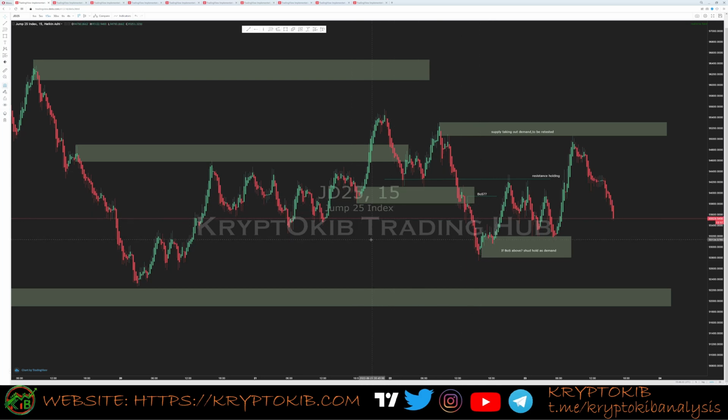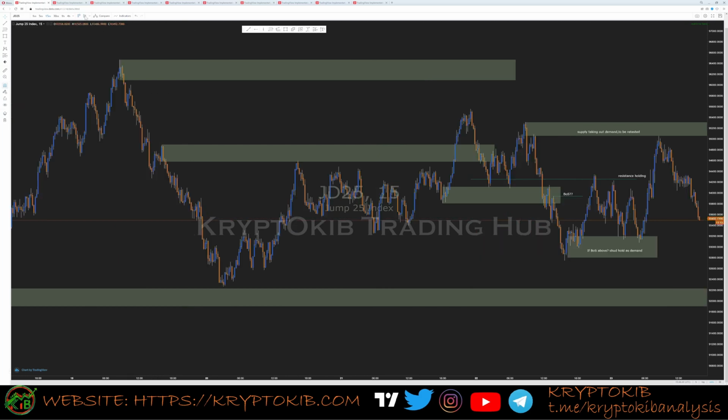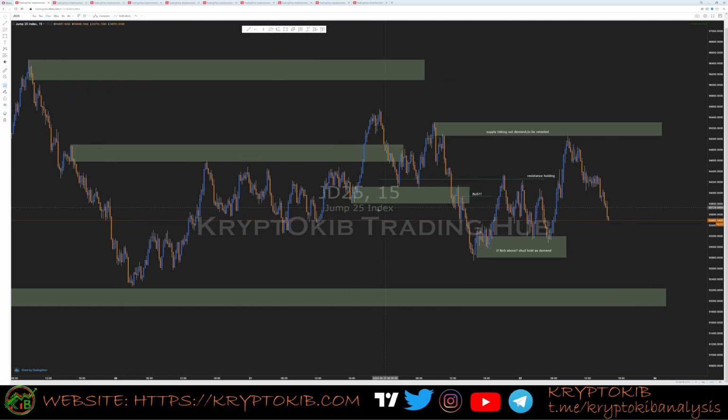I'm using Heikin Ashi candles for this backtesting, because if I switch to the normal candle, there is a lot of noise. And when you have a lot of noise on an instrument, it can easily confuse your order flow. What I mean is, when you are reading market structure and following, let me start from here, from this low to this side, back to this low, you are reading your structure.